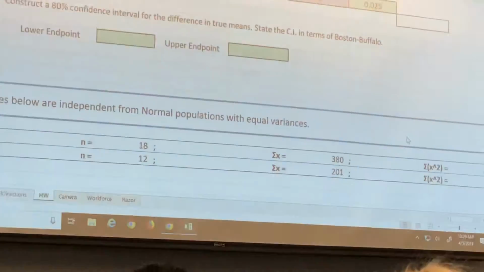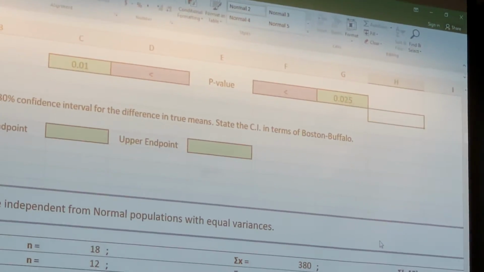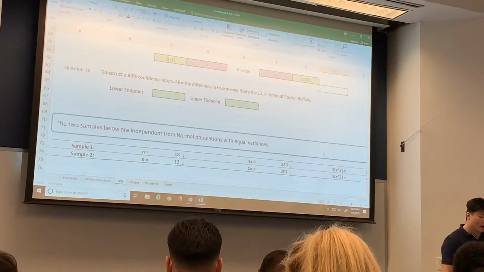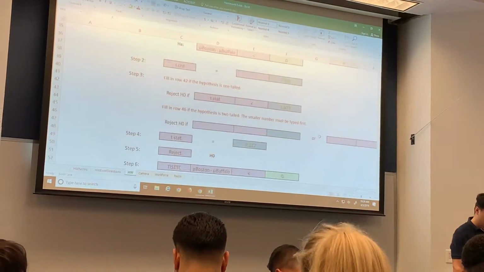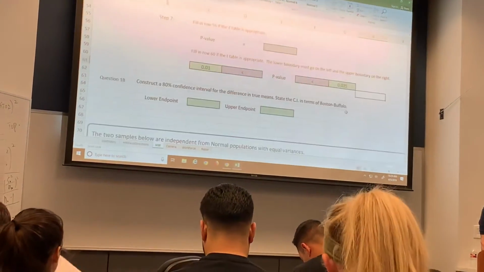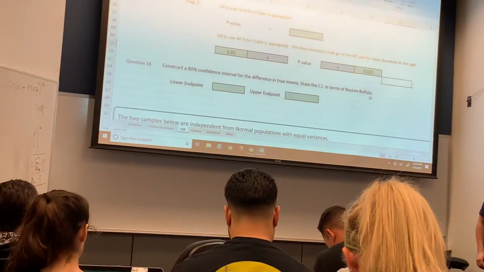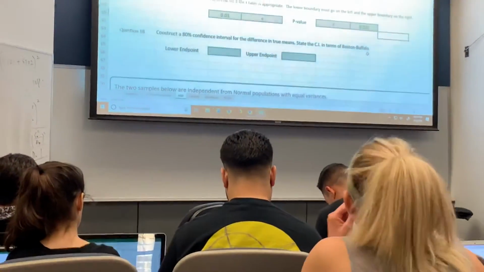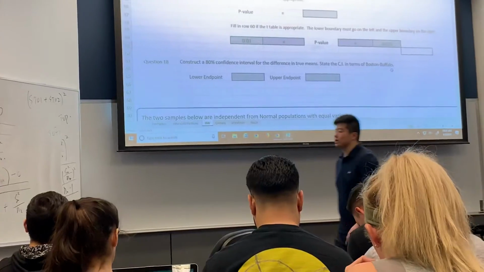What is the 80% confidence interval in terms of Boston minus Buffalo? Do they switch the order? No. We have the same order. We have 80%.